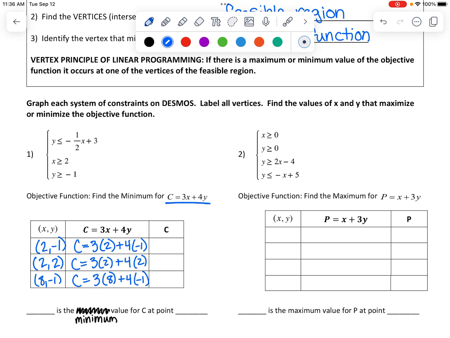Okay, so I'm filling those in. Use your calculator to find these values. So I got 2, I got 14, and I have 20. Okay. We want the minimum value. Well, 2 is my lowest number here.